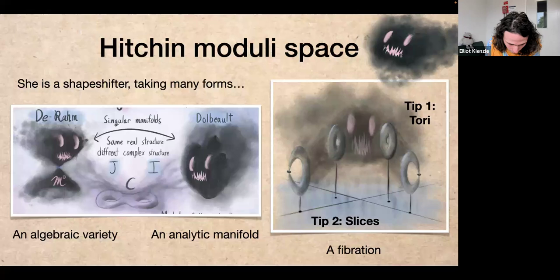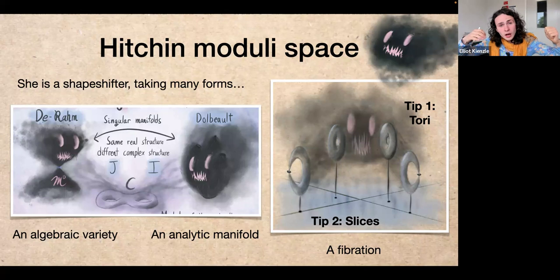So as an algebraic variety over here, we see that I drew her in a way to emphasize the singularity structure right here in the middle, the structure that is apparent from an algebraic variety. You can also think about her as an analytic manifold, in which case there's a natural function on her, and I've represented that as this height. I'm showing different data for each of these pictures. And over here we have a fibration structure.